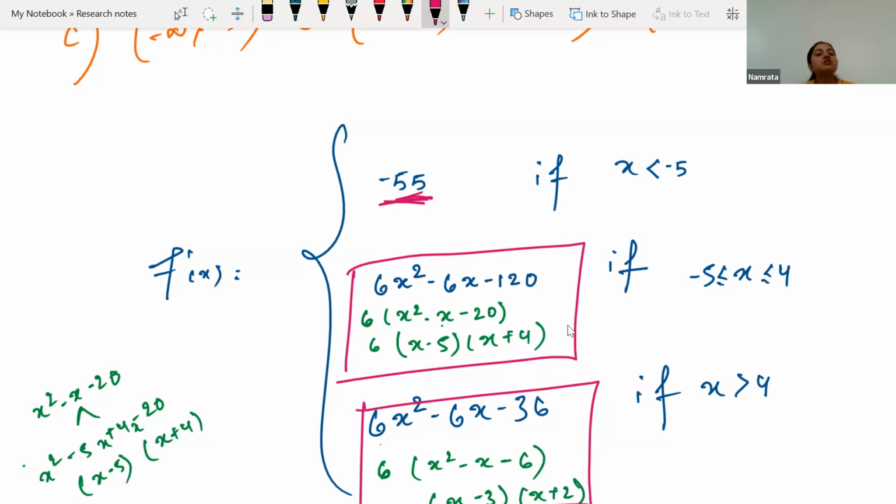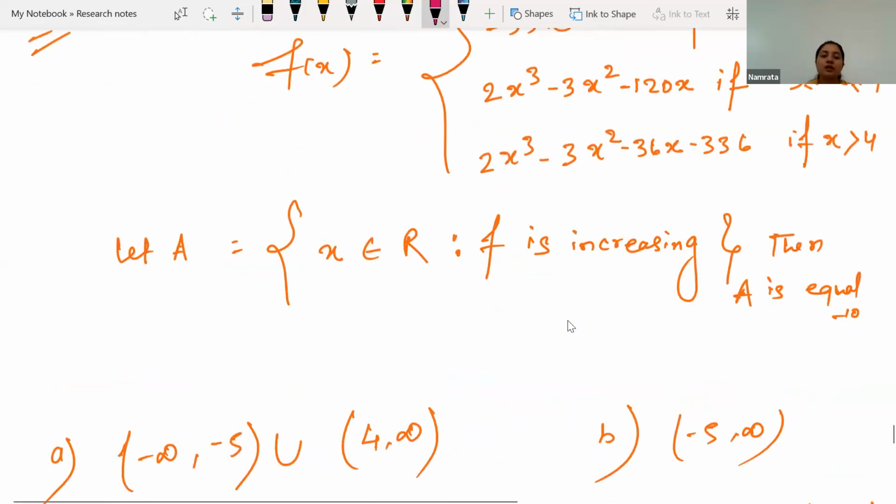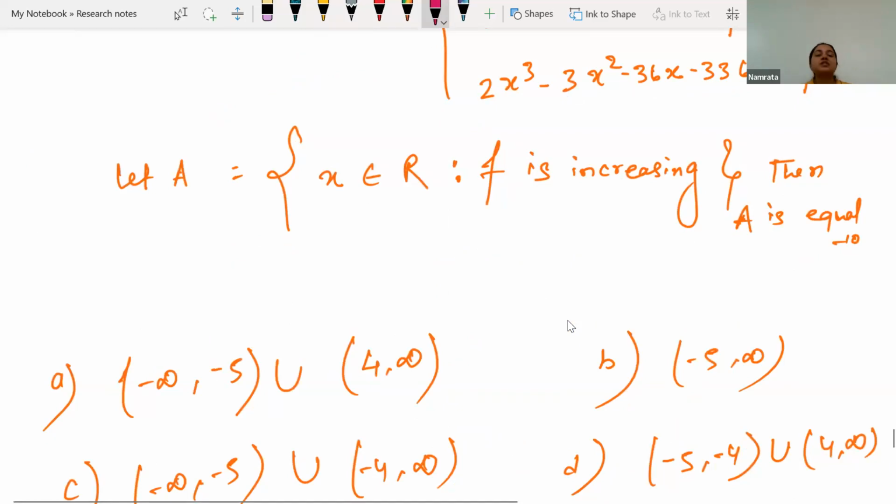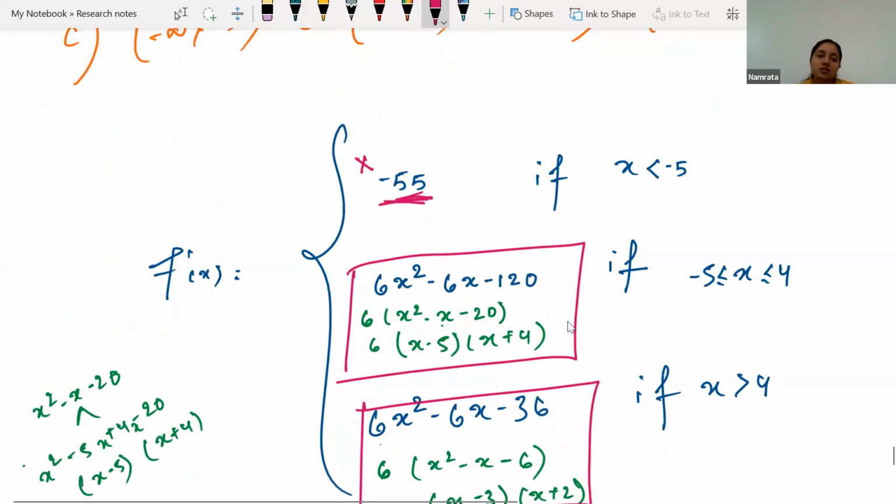Here f dash x is smaller than 0, right? So this one we will not take into consideration, because we are searching for the set of all x where f is increasing. So f is decreasing in this interval. We will not take that.